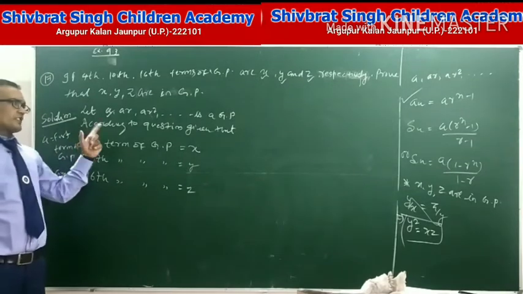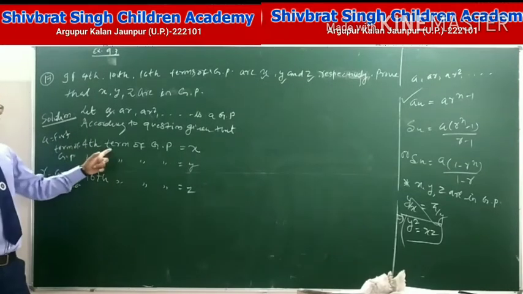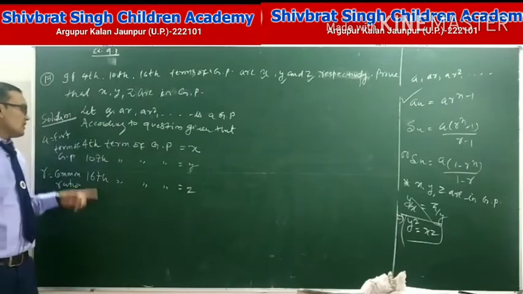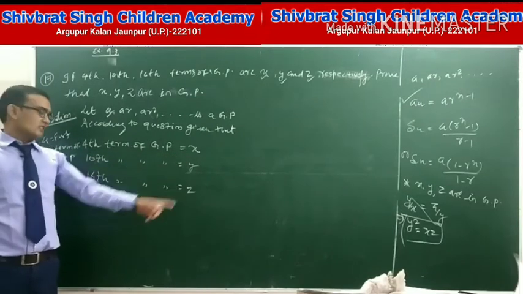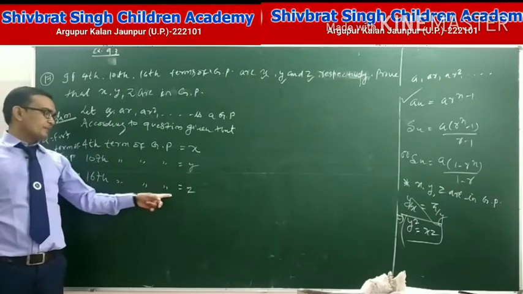Here, according to the question, the fourth term of the GP is x, the 10th term is y, and the 16th term is z.